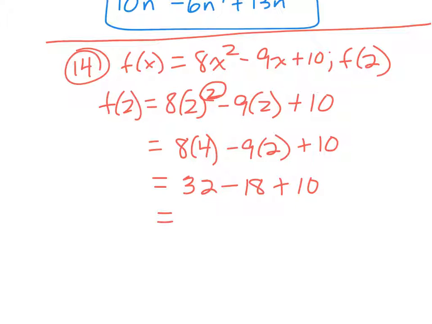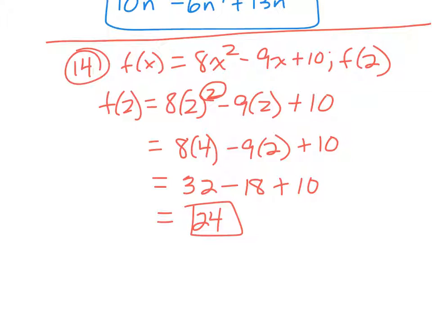And if you add and subtract from left to right, you're going to end up with 24. So a little problem there on function notation, and that is a wrap off of that test.